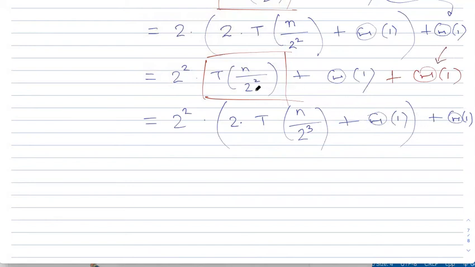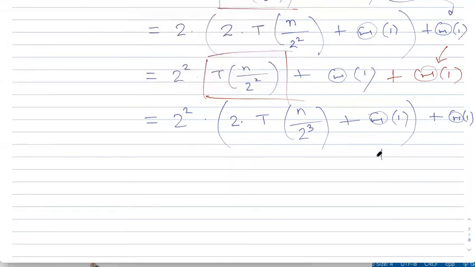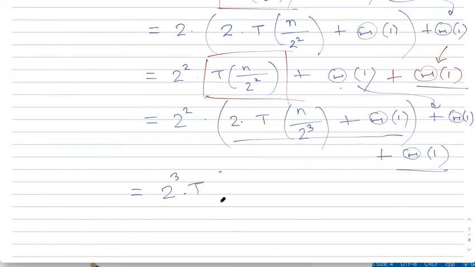So you had order of 1 plus order of 1, and this particular term gets replaced with this plus order of 1. Okay. So what did we get here? 2 to the power 3 times T of n by 2 cube plus order of 1 plus order of 1 plus order of 1.